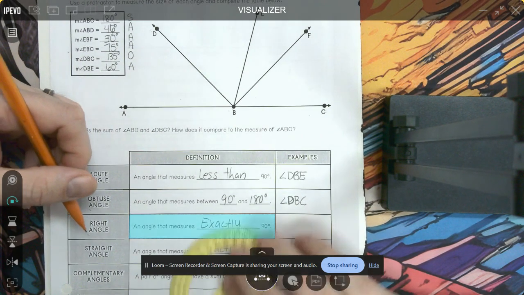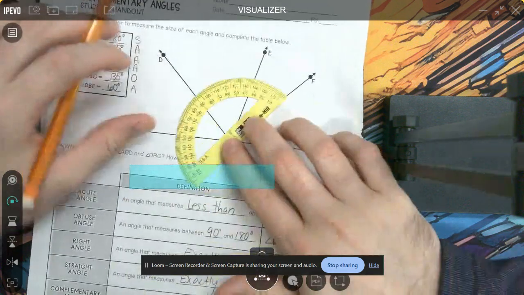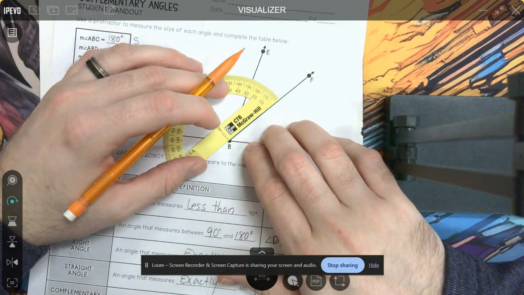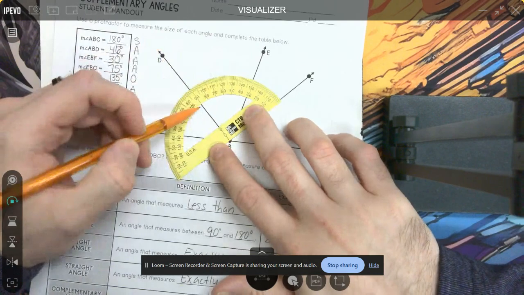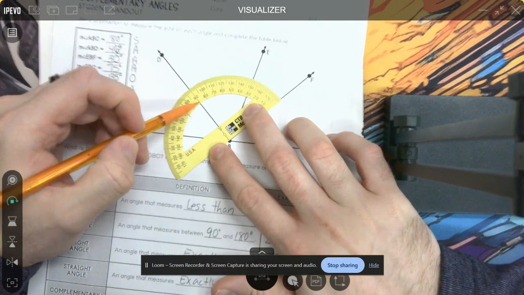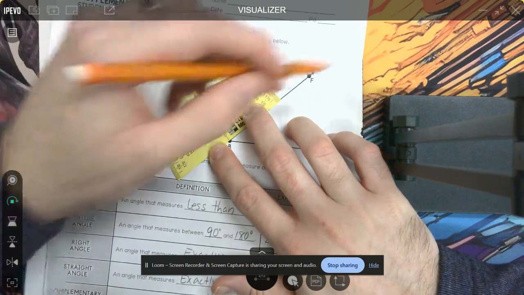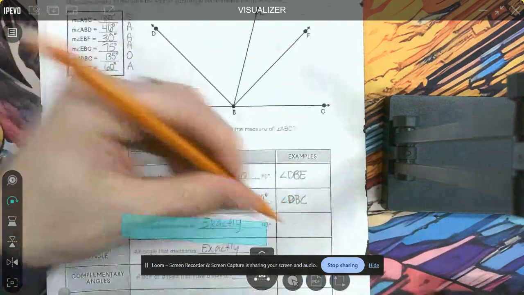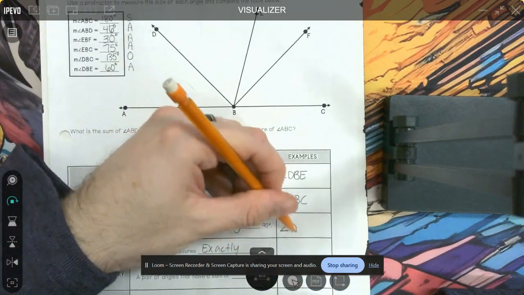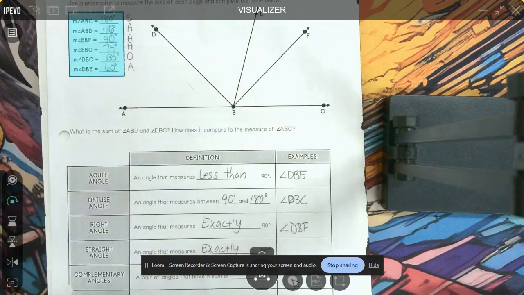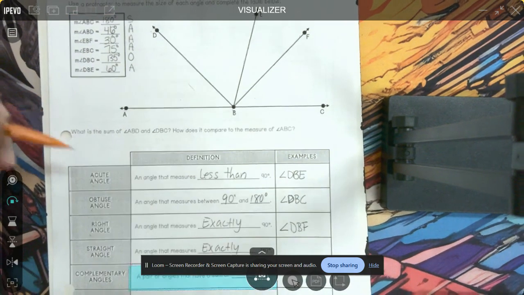Let's see if we can find one. Let's measure DBF. This one looks like it could be a right angle. And look at that. DBF is a 90-degree angle. So then we're going to put angle DBF as a 90-degree angle. And we found a 180-degree angle, which was ABC.